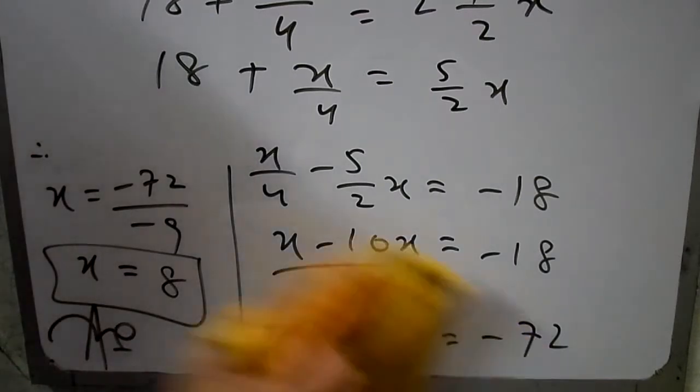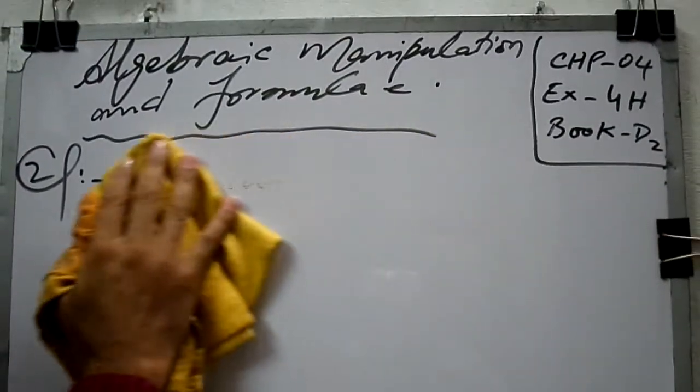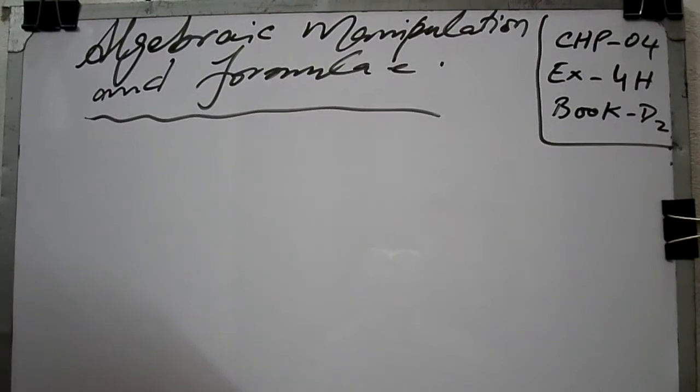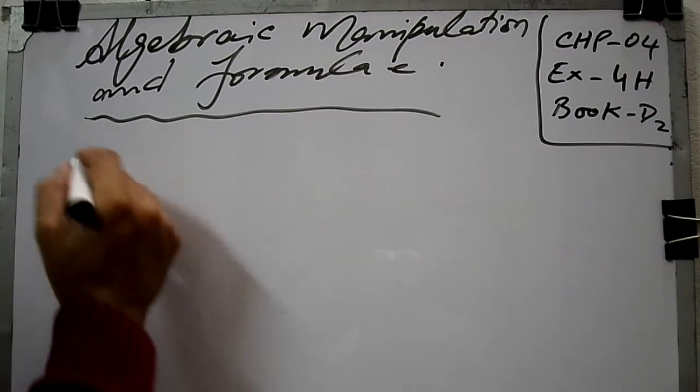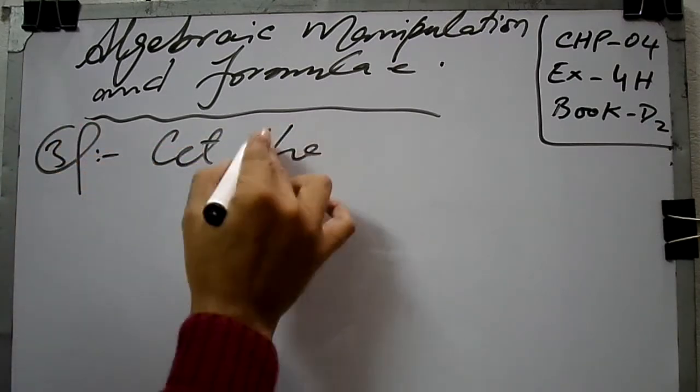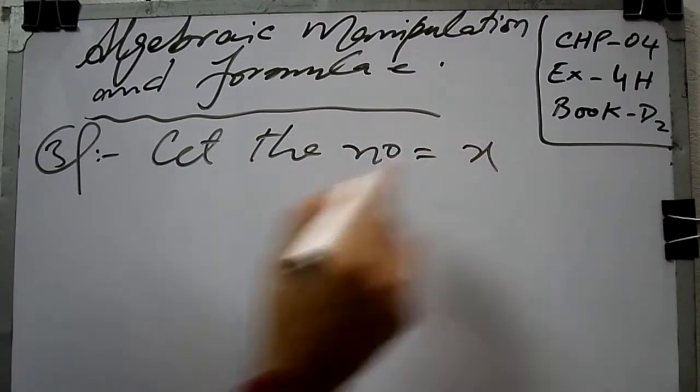Coming to question number 3. Read the statement. A number when added to 5 gives the same result as when 2 by 3 of it is subtracted from 6. What is the number? Let the number be equal to x.